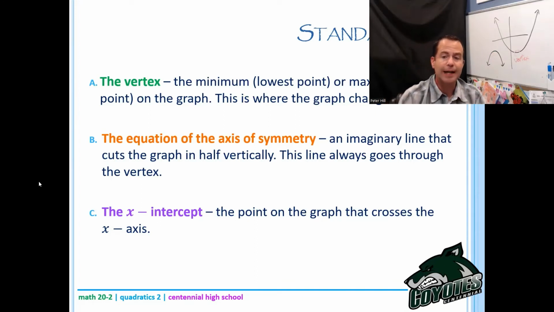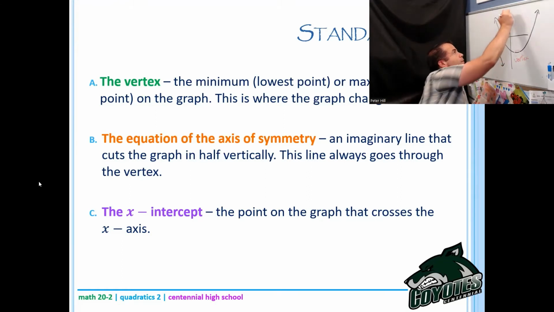The equation of the axis of symmetry, in order to be symmetrical, it means that I can flip myself over on the other side and I'm the exact same thing, right? So with parabolas, there is a line of symmetry. There is a line that you could draw down the middle and it would exactly flip or exactly cut the shape into reflective parts of one another. So that would be right here.